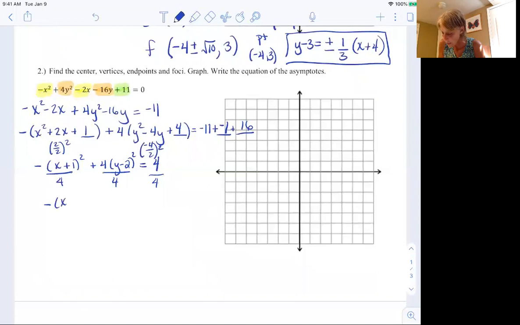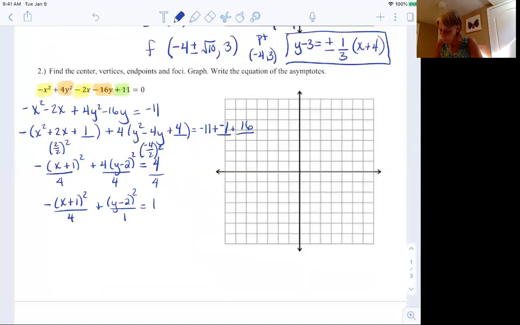Negative x plus 1 squared. Now it's really obvious which is the positive term and which is the negative term. Okay, so it's kind of nice how it worked out there.